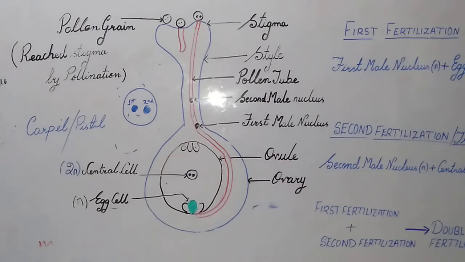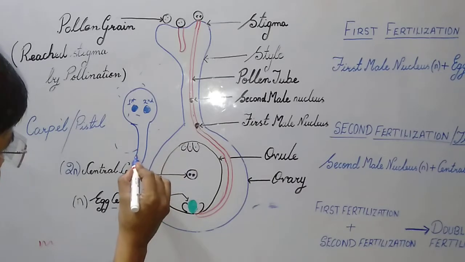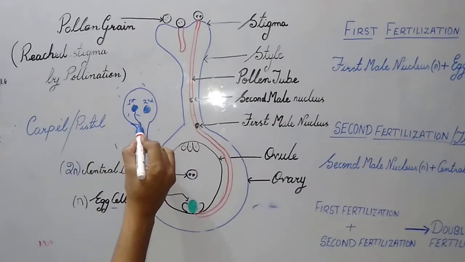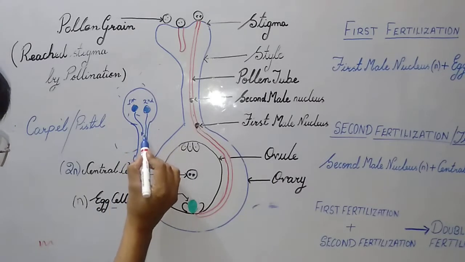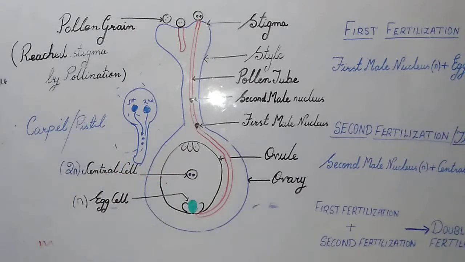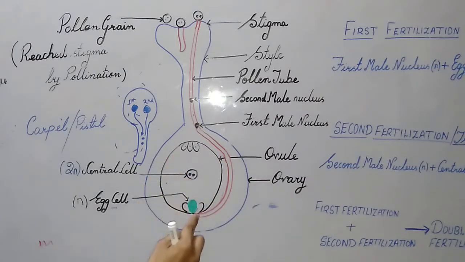Now what is the function of this pollen tube? The pollen tube is a passage for transfer of these two male gametes inside the ovule. If this is the pollen grain, it forms a pollen tube like this, and through this the male gametes pass on, first male gamete, then second male gamete. So this pollen tube is a passage through which the male gametes travel inside the ovule.